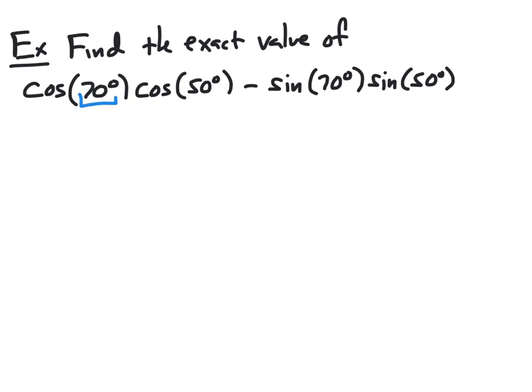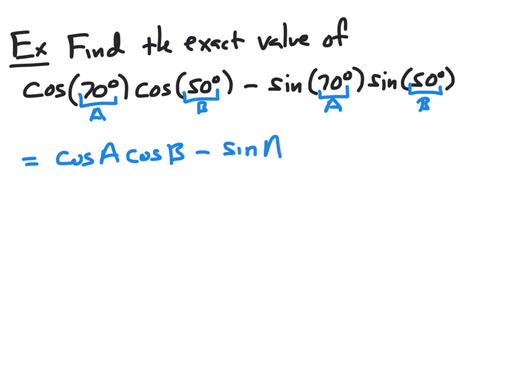What we notice here is we have two different angles in this problem, a 70-degree angle, which I'll call A, and a 50-degree angle, which we can call B. And this expression has the form cosine A, cosine B, minus sine A, sine B. This expression should look familiar as it's part of the sum identity for the cosine.